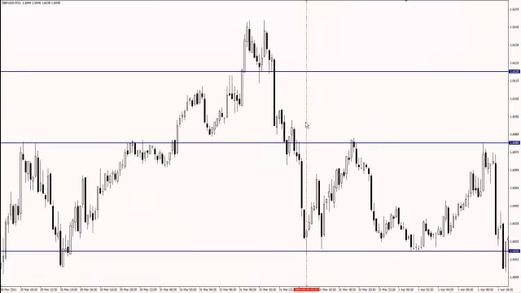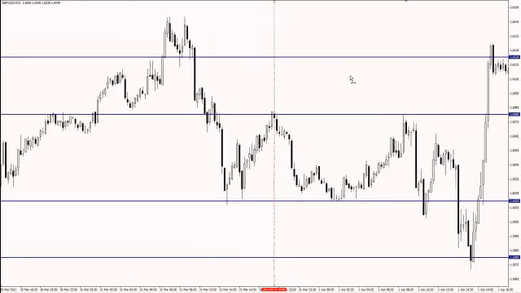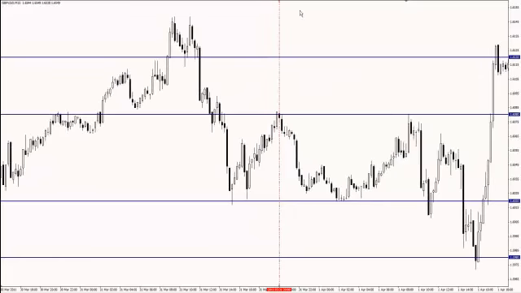So the target got hit here at the 80 level, and we got right away another signal here at a good time of the day. Here, and actually that here is a right entry candle. Target got hit again.